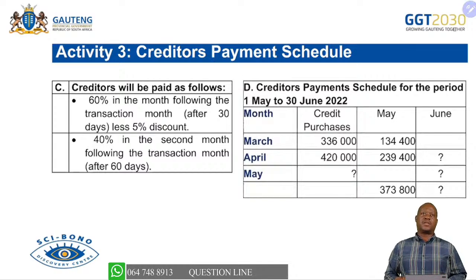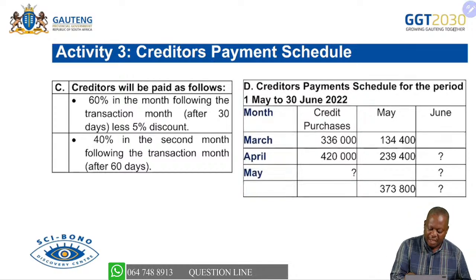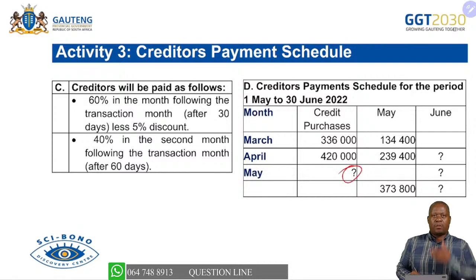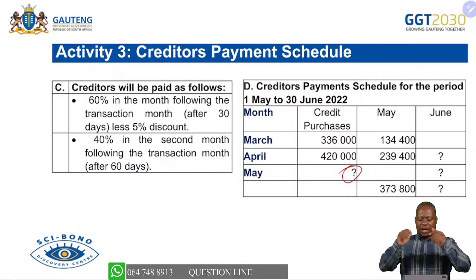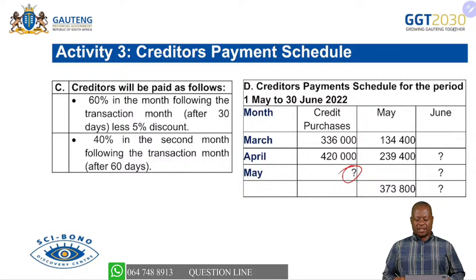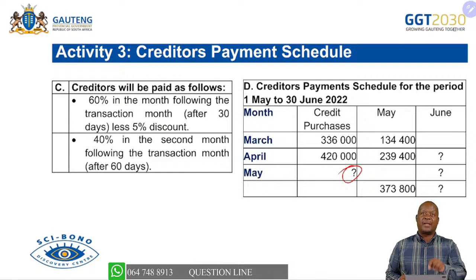There it is. But the first thing that you need to be able to do is give us the credit purchases for the month of May. Now, for us to get the credit purchases for the month of May, we need to find the sales for the month of May. Simple.